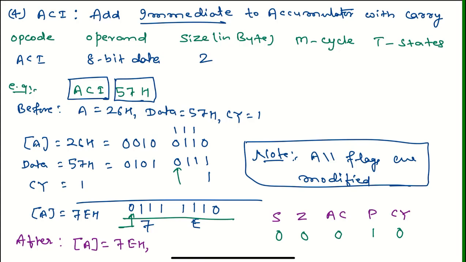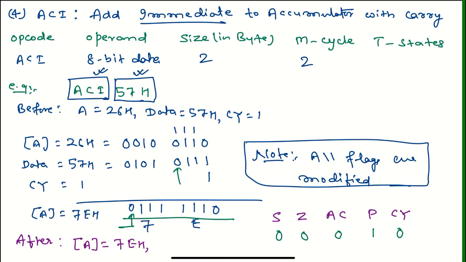So before execution of this instruction into the memory, it will occupy 2 memory locations. So that is the reason their size will be 2 here. And as a machine cycle also, as like in the ADI, here also it will be 2 machine cycles. So one is called opcode fetch. It means fetching the opcode corresponding to this ACI, and then the second machine cycle will be reading of this immediate data as 57H from the memory.